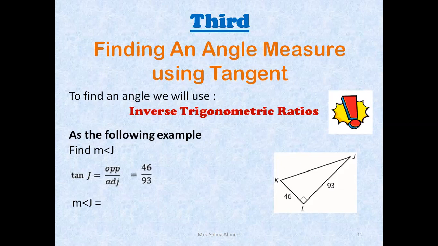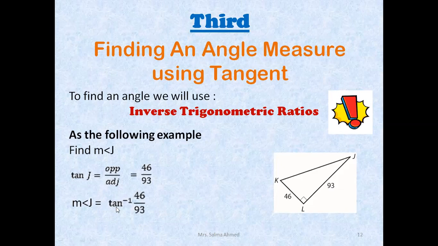And I need to get the measure of angle J alone. So I need to move this tan to the other side by the inverse tan. So it will be tan to the power negative 1, or we call it inverse tan, of 46 over 93, and you can find this inside your calculator.